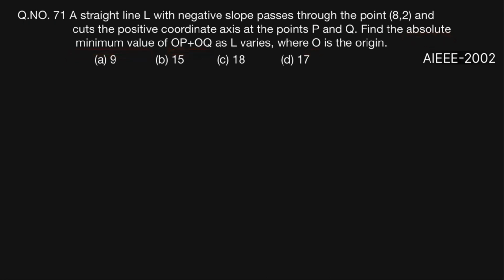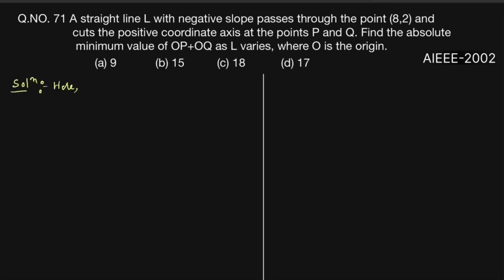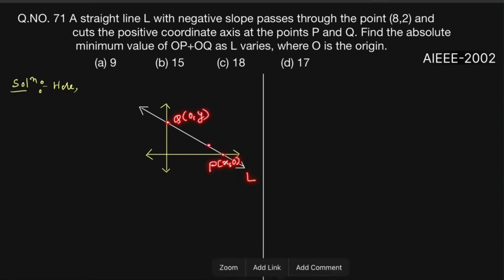Let's see the solution of this question. Here, if you draw the line L which cuts the positive coordinate axes at point P, we take this point P as (x0, 0) and Q as (0, y), and it passes through the point (8, 2).